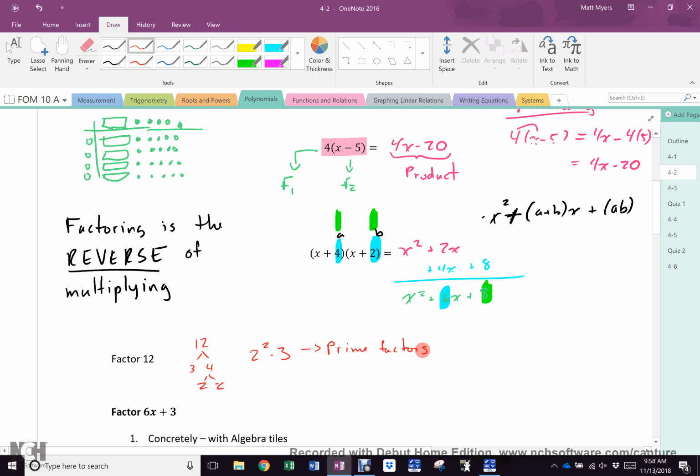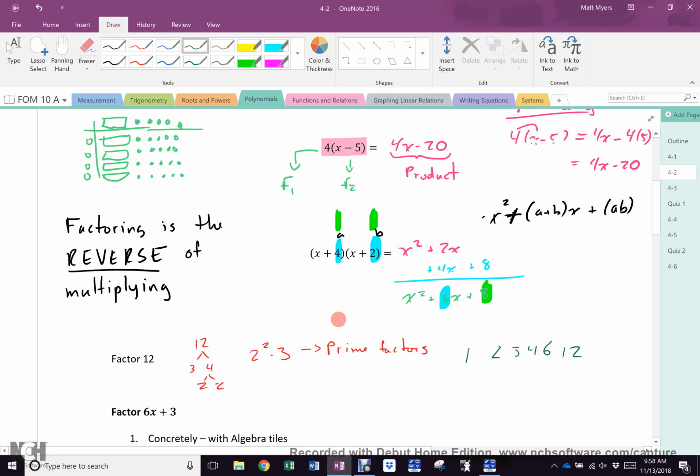Now, another way that you were probably taught to factor when you were a kid was to find pairs of factors. Yes? And most of you were probably shown something that looked like this. 1, 12, because 1 times 12 is 12. And then 2 and 6, because 2 times 6 is 12. And then 3 times 4, because 3 times 4 is 12.